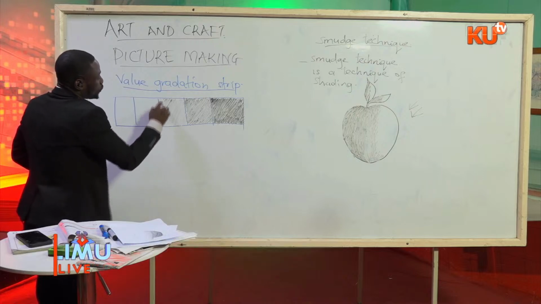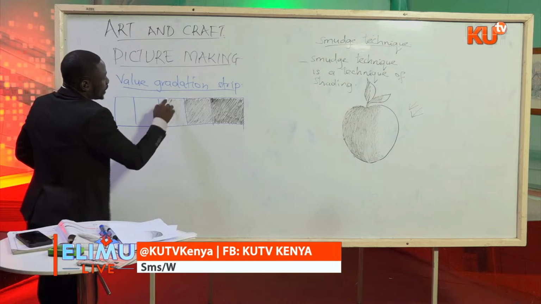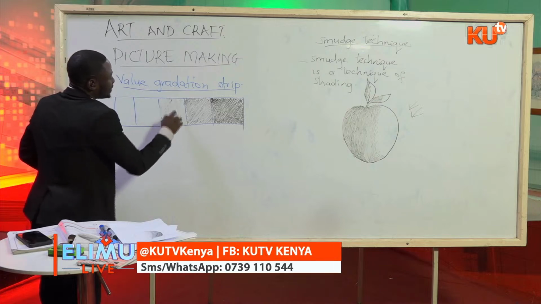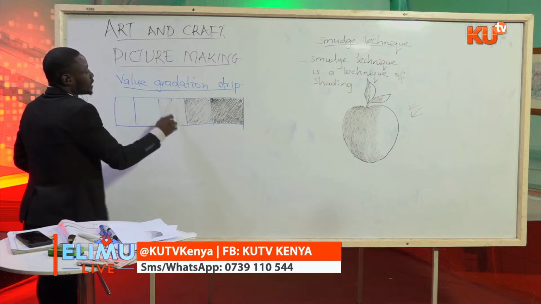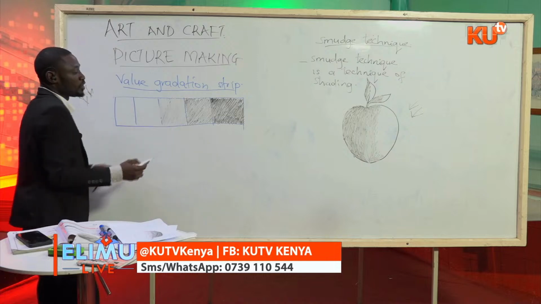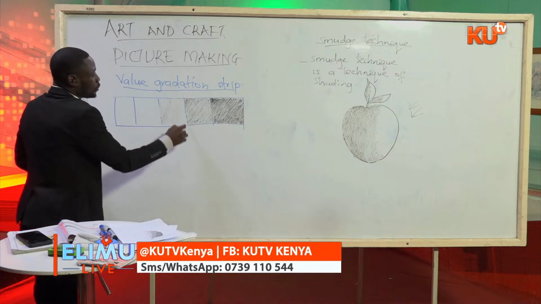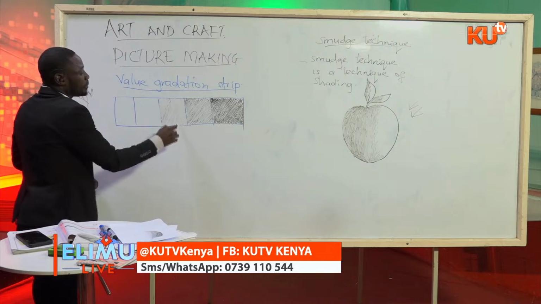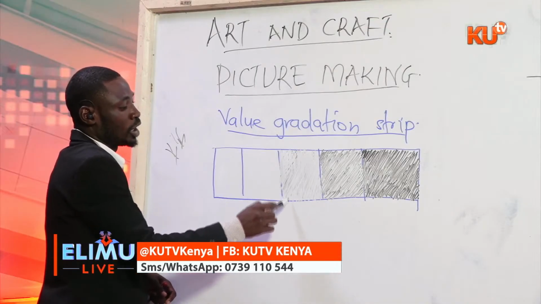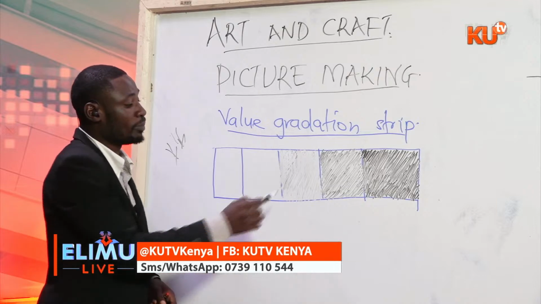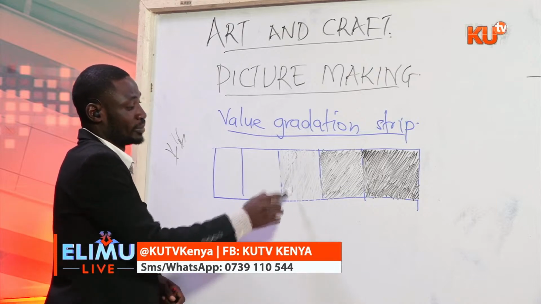And we are shading. We are not drawing lines, we are shading. Remember, it's smudge technique, a technique of shading where we come up with value, tonal value. Tonal value helps us to identify the darker part or the lighter part of an item.